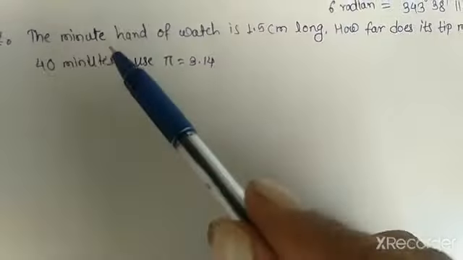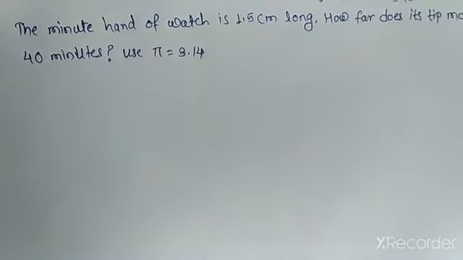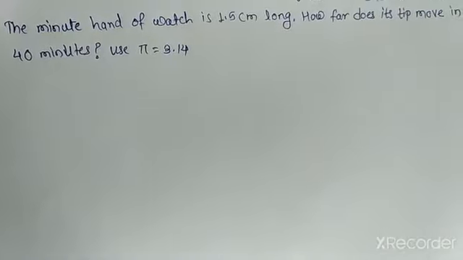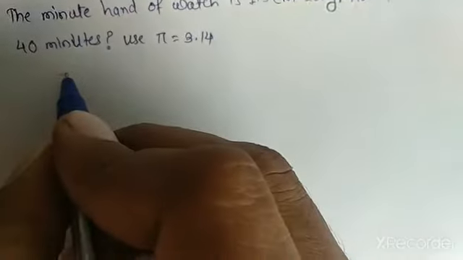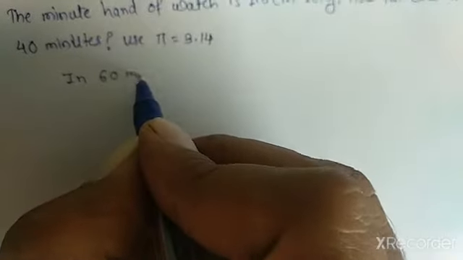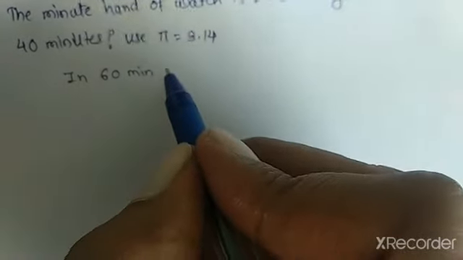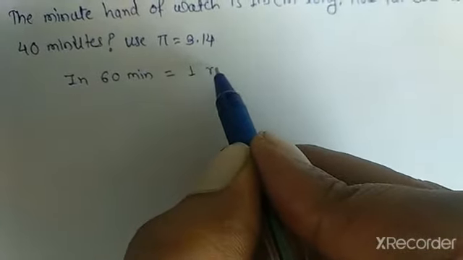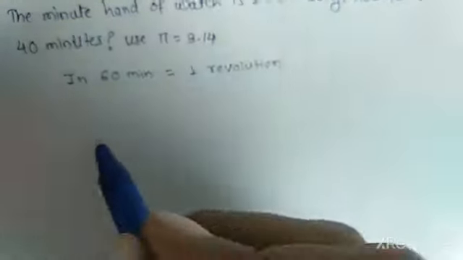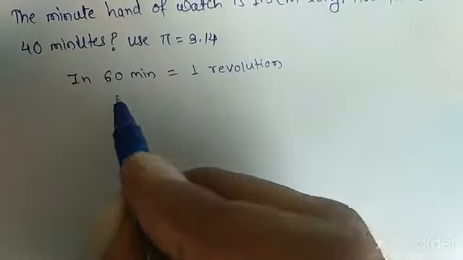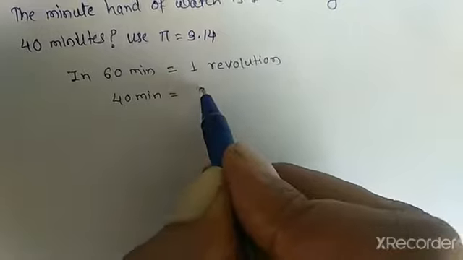Now the question is, the minute hand of a watch is 1.5 centimeter long. How far does its tip move in 40 minutes? So we know that in 60 minutes the minute hand of a watch completes one revolution. So for 40 minutes we have to find x.